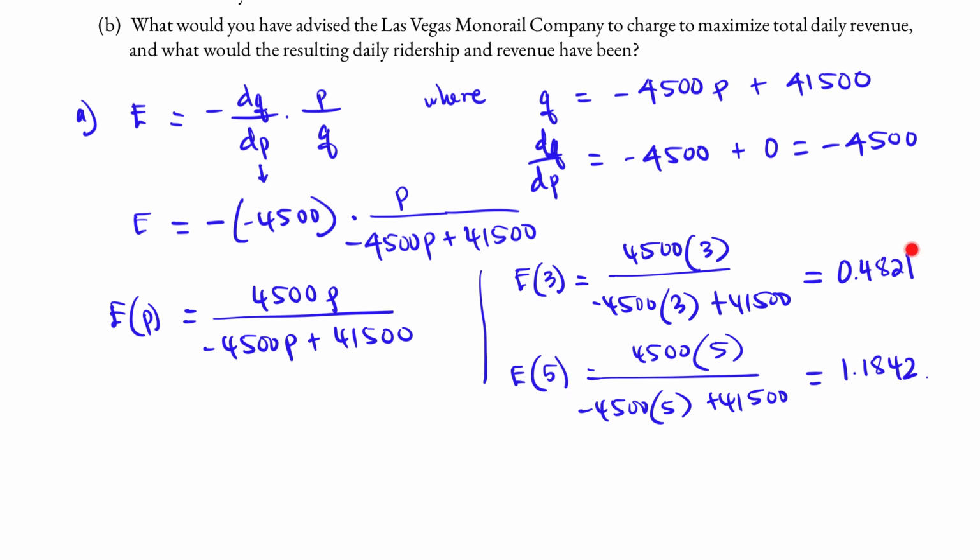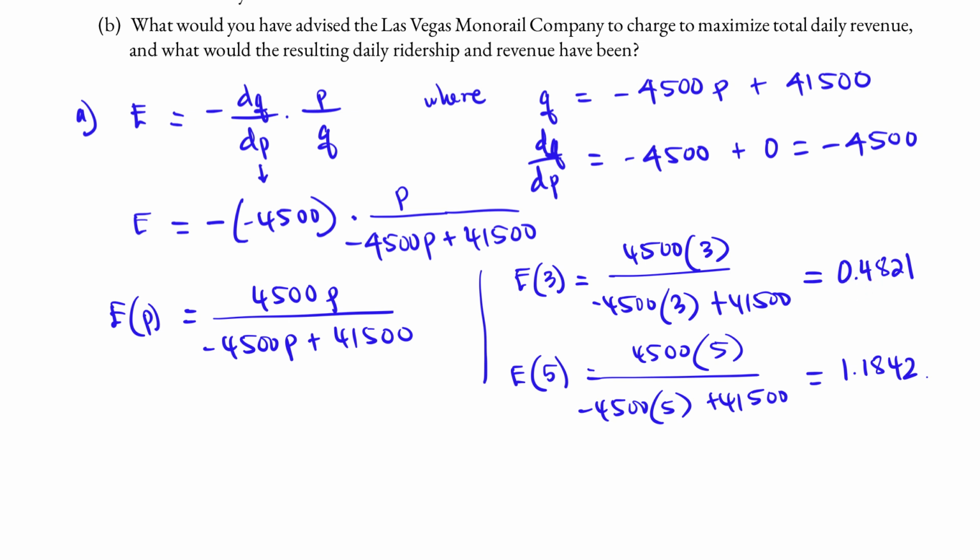In terms of elasticity, when the price is 3, the demand is inelastic because E is less than 1. And when the price is $5, the demand is elastic. If the demand is inelastic, the total revenue increases as the price increases.